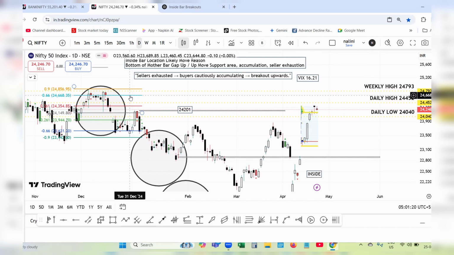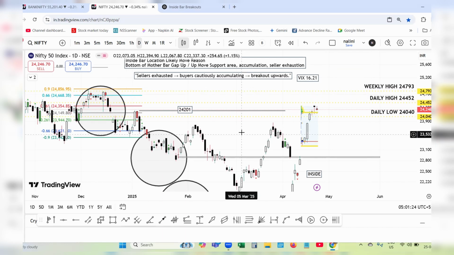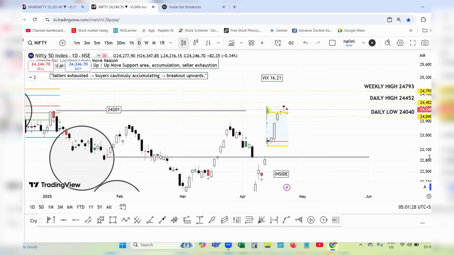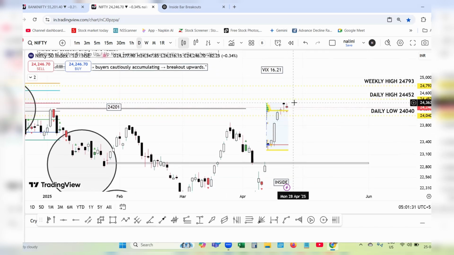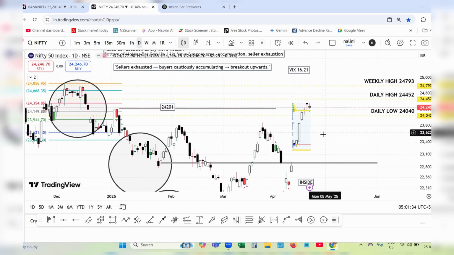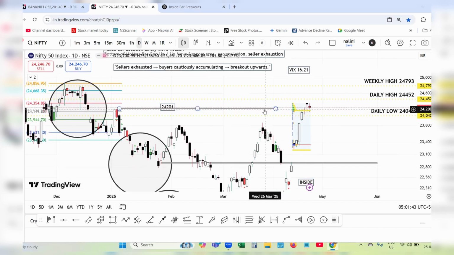It has already happened, the breakout of the market structure at 24,201, and the market was consolidating. Now sellers have been exhausted by forming an inside bar, and you can see a gap up in the market. Maybe a huge expansion of 200 to 400 points is possible.